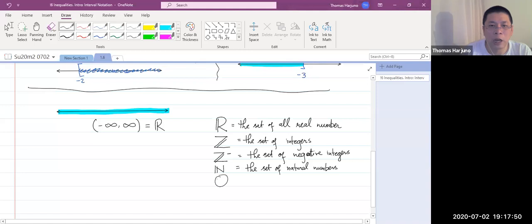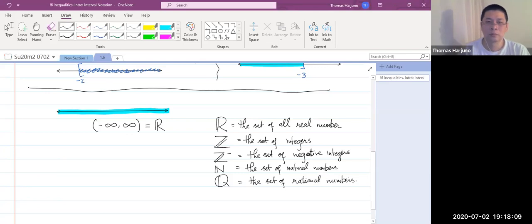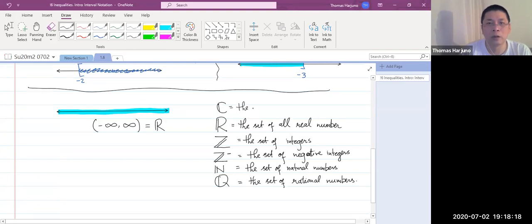And if you see a capital Q, that's from the word quotient, the set of rational numbers. If you go even further, you will see a capital C with a double line. That's the set of complex numbers. But we don't talk about that here, we don't talk about that in calculus though.